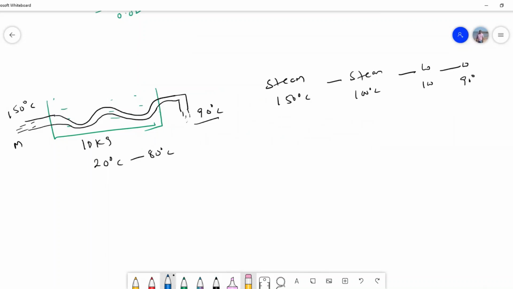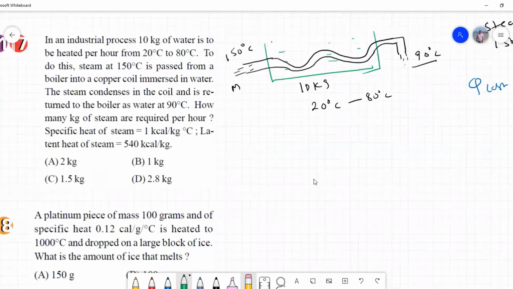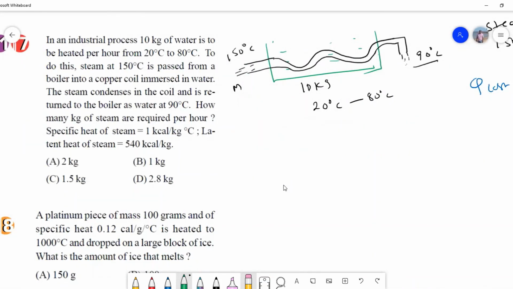So let us calculate the total heat lost by steam. Here, change of temperature is MC delta T, change of state is ML, plus MC delta T. We don't know the mass of steam, but the specific heat of steam is given as 1 kilocalorie per kg.